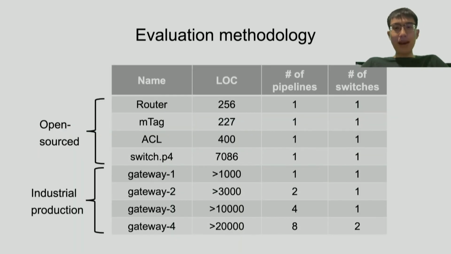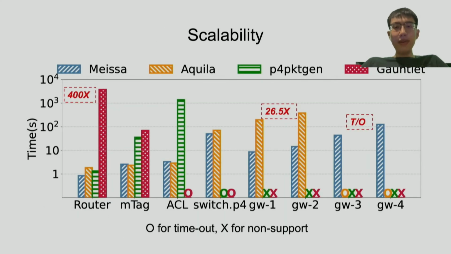We evaluate Meissa on 4 open source P4 programs and 4 P4 programs in our production network. Gateway 1 to Gateway 4 are programs inside our global network. The largest program is over 20,000 lines of code and among 8 pipelines in 2 switches. On open source P4 programs, Meissa is up to 400 times faster than P4 Packet Gen and Gauntlet.